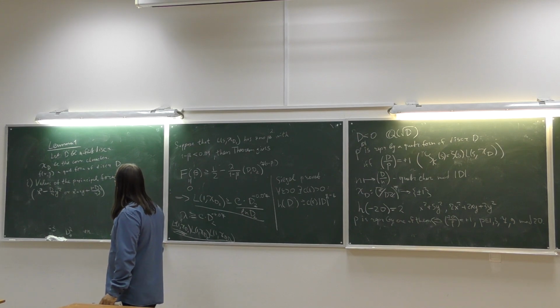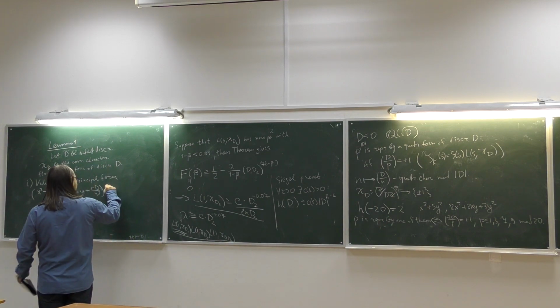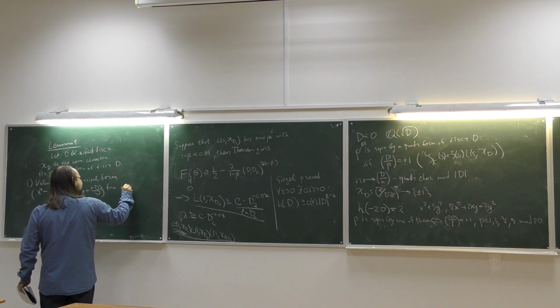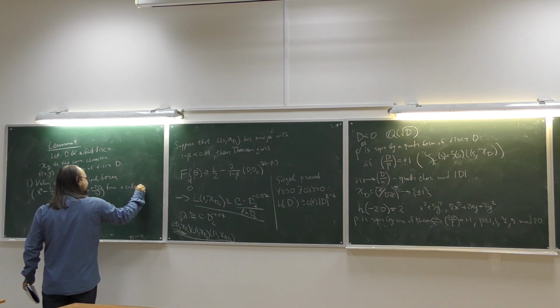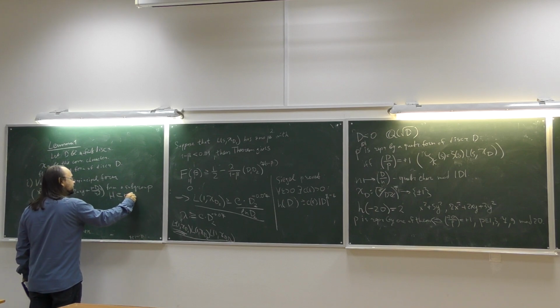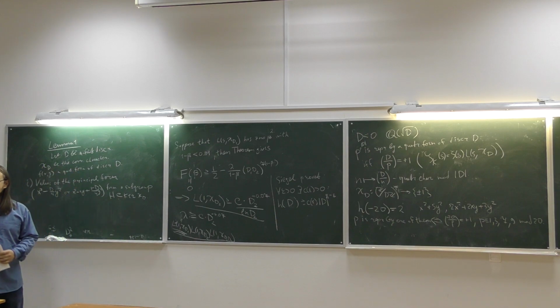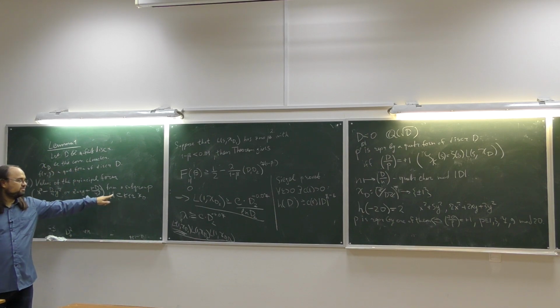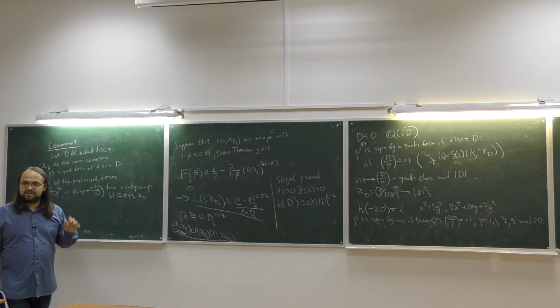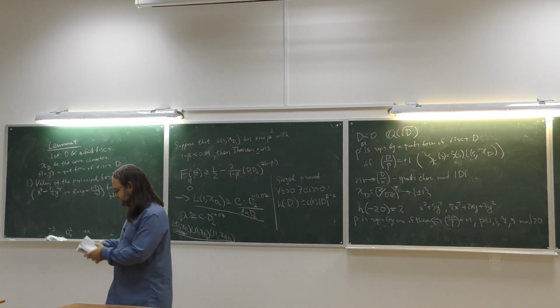So values of the principal form form a subgroup H inside the kernel of chi D. So there is a subgroup inside the kernel that is generated by values of the principal form.